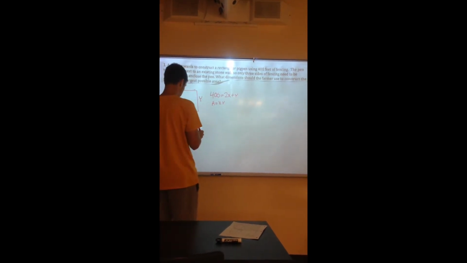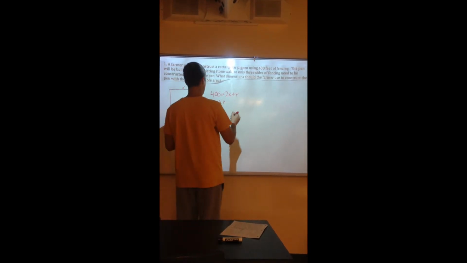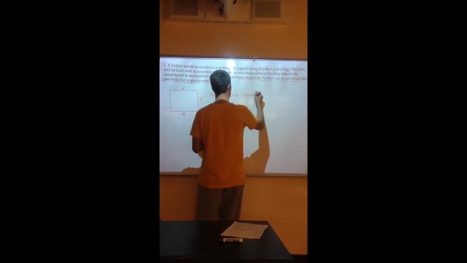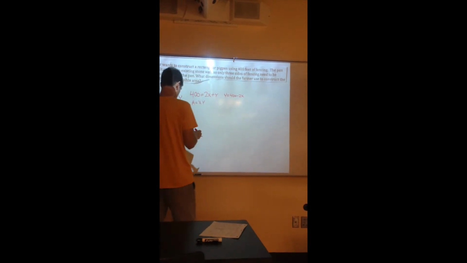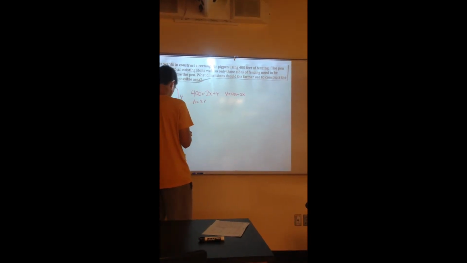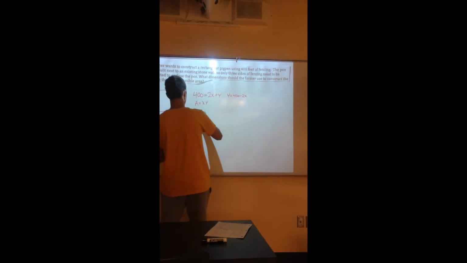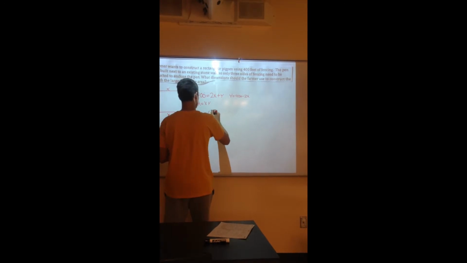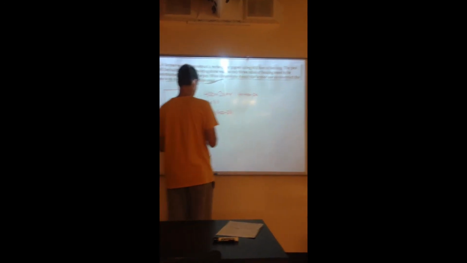So to begin the problem, first we need to solve this first equation for y, which would become y equals 400 minus 2x. So now we need to substitute this equation into this one. So it would be area equals x times 400 minus 2x. And now we multiply this out.